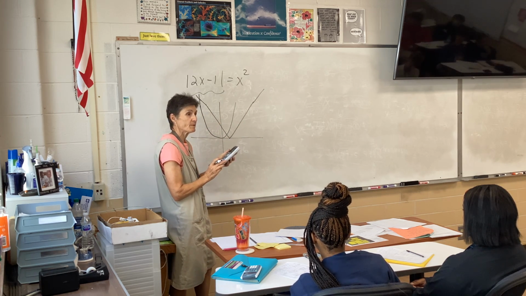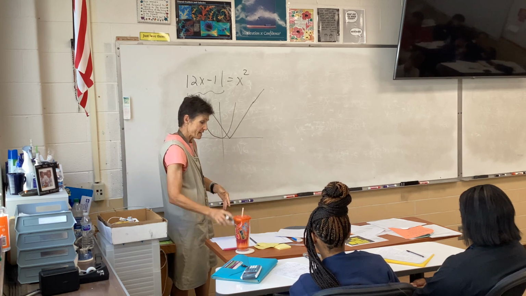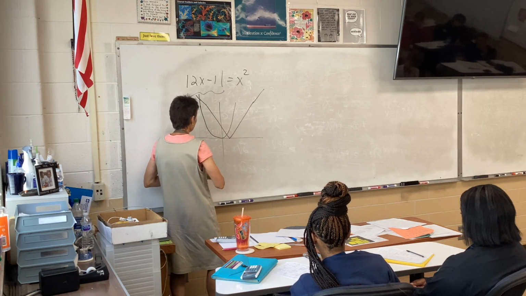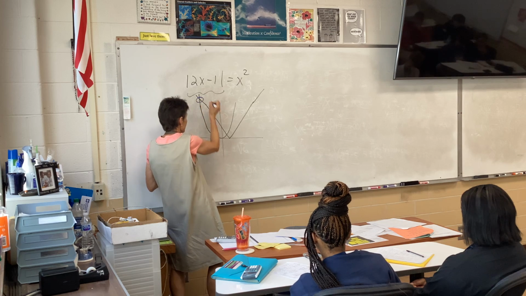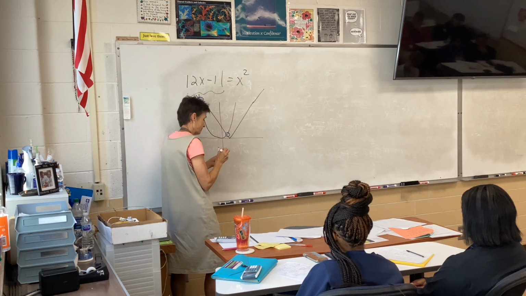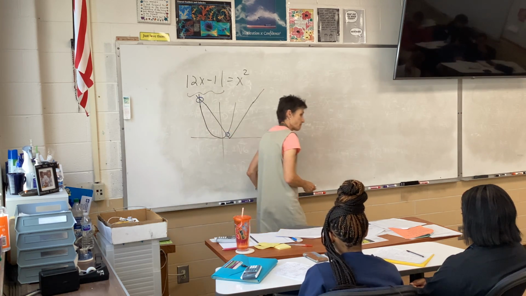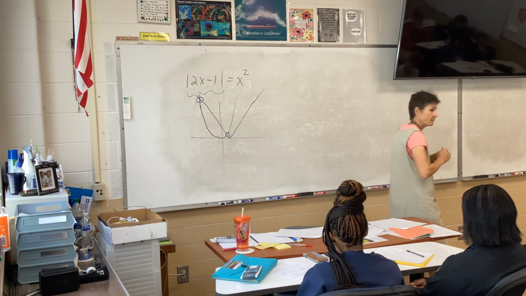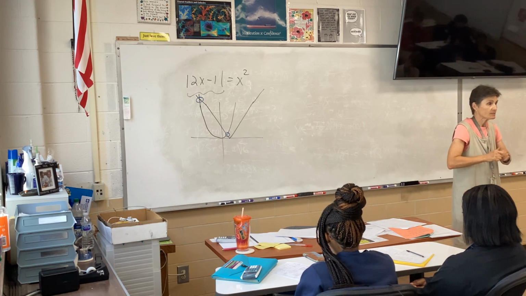All right, everybody okay with that? The answers to the question are the 2 places where they cross. We talked about this the other day, graphing intersections.